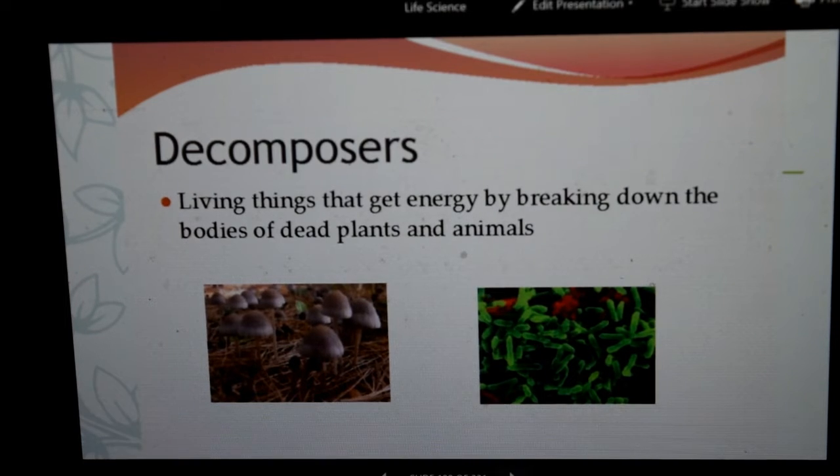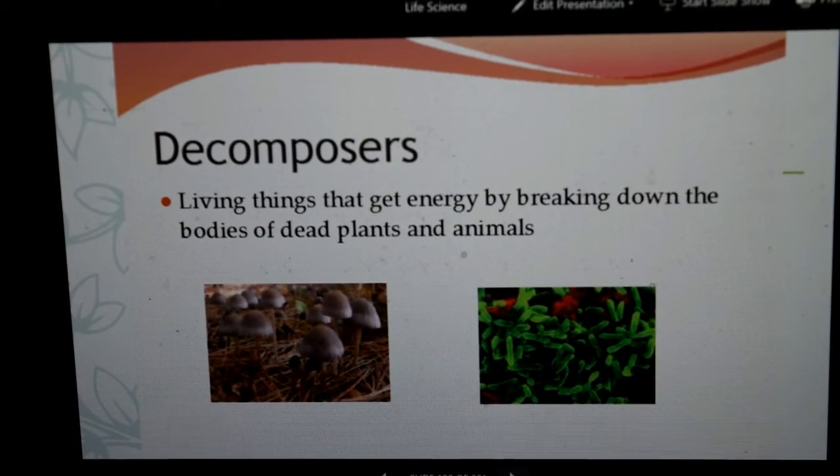Alright, then we have decomposers. Decomposers are your fungi. I always have a problem saying that word, fungi. You'll see mushrooms growing off of other rotting plants. Those are fungi. Sometimes you might get a fungus in between your toes. It's the same thing. A decomposer is a living thing that gets energy by breaking down the bodies of dead plants and animals.